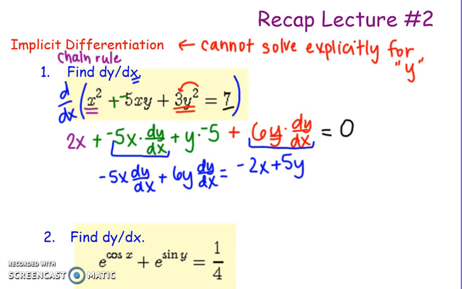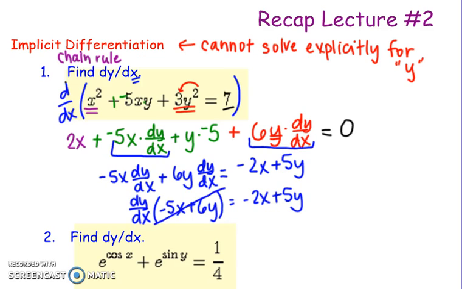Now, using some algebra skills, both of these terms have a dy/dx in them, so I'm going to factor out dy/dx, and we'll be left with negative 5x plus 6y. So then to get dy/dx all by itself, I just need to divide by negative 5x plus 6y. So here I have dy/dx equals this quotient.